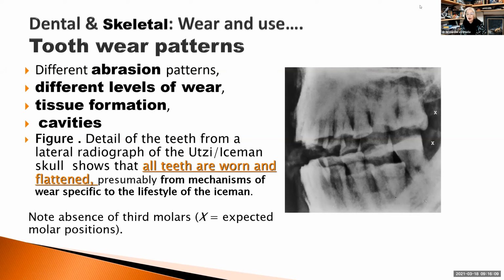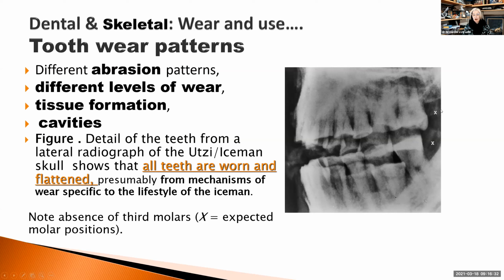And one of the things that really stood out was how worn down and smooth and flattened his teeth were. You can see this here. All of his teeth were really worn and flattened. So something he was chewing on was hard enough to wear down his enamel, but it wasn't just the front teeth, it was all of them.